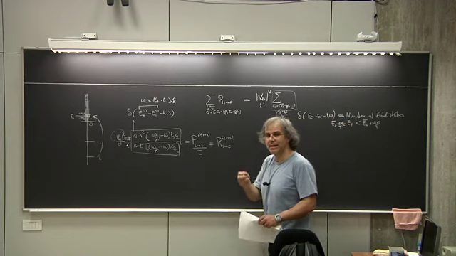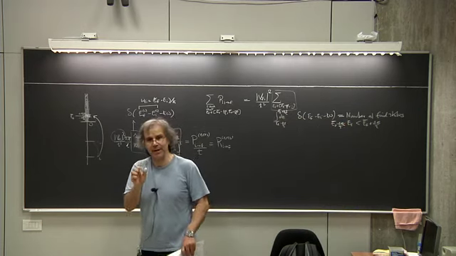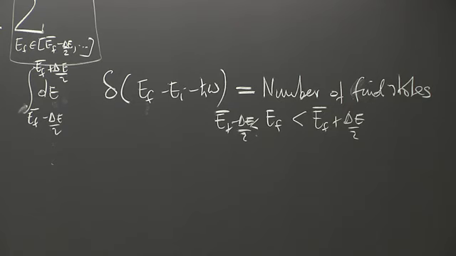So the number of final states in a given interval is essentially, apart from the width of the interval, the density of states. So this is the concept I wanted to communicate, nothing else, okay?